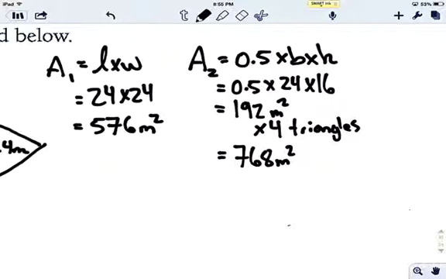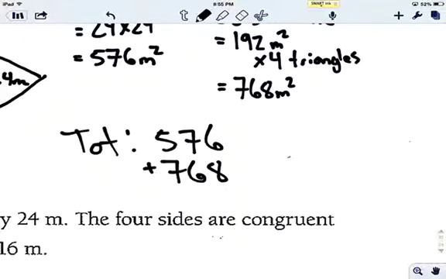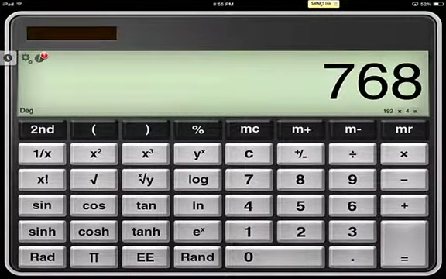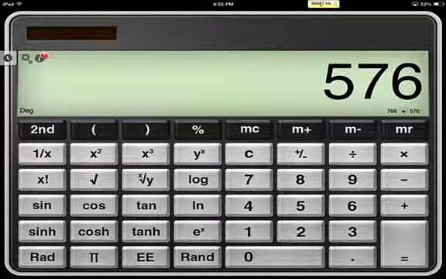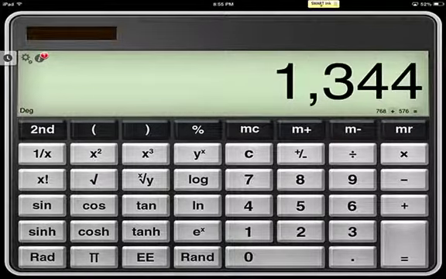Okay, now the last thing to do is add them up. So the total is 576 plus 768. Let me just double check that 576. Yep. That's 1344.